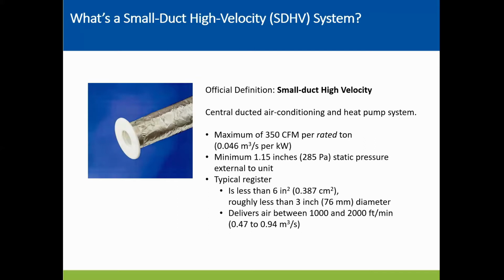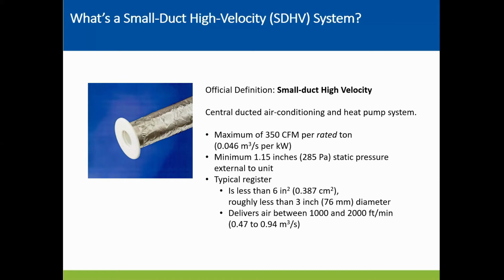A small duct high velocity system has an official definition. It was created by the Department of Energy about 15 years ago, although these products have been on the market for probably 40 or 50 years. And it's very specific, a maximum of 350 CFM per rated ton. In practice, the number is really about 300 CFM per rated ton.